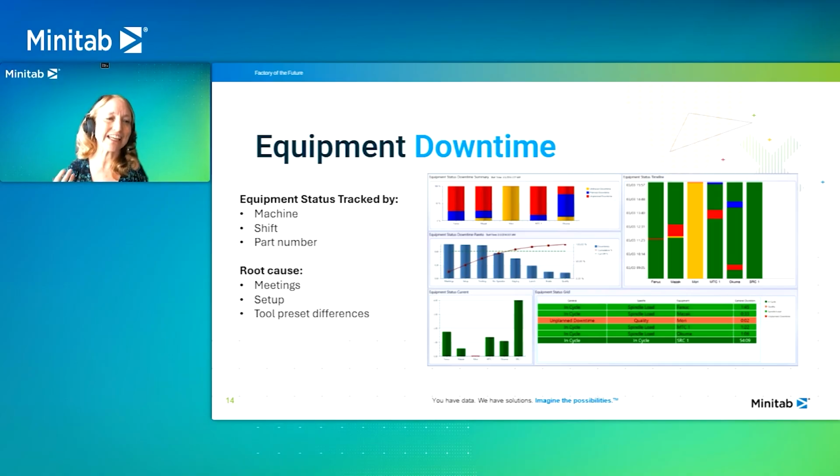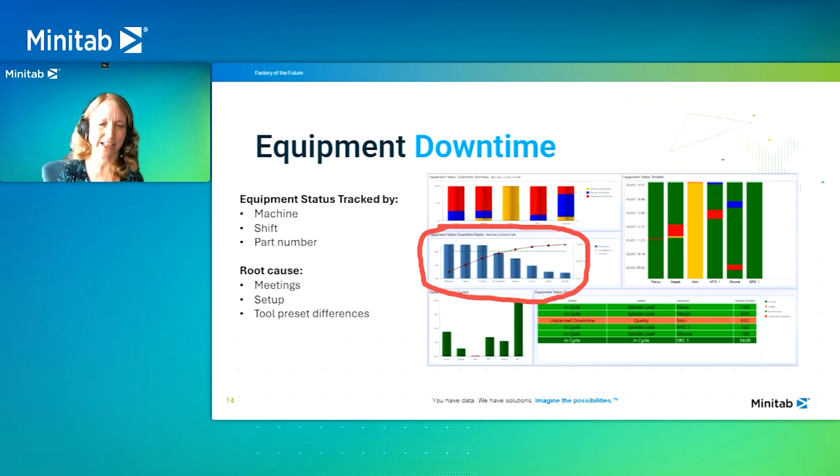So when we look at equipment downtime, for example, Minitab DataXchange will allow you to track by machine, shift, part number, and then keep track of your root cause. In this case, we're looking at a Pareto chart, which many of you are used to, right? Where we've recorded what's causing the unplanned downtime, what machines are causing problems.